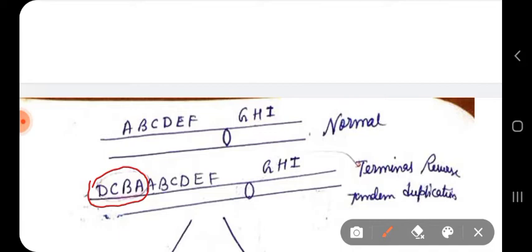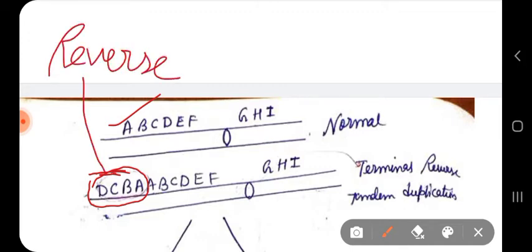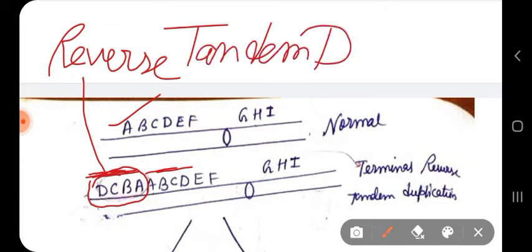It means this is a duplicated segment from this chromosome, but in the reverse orientation. This type of duplication is called reverse tandem duplication. It is called reverse because it has been oriented in reverse order. Tandem means it is found right next after the normal segment. Reverse tandem duplication.